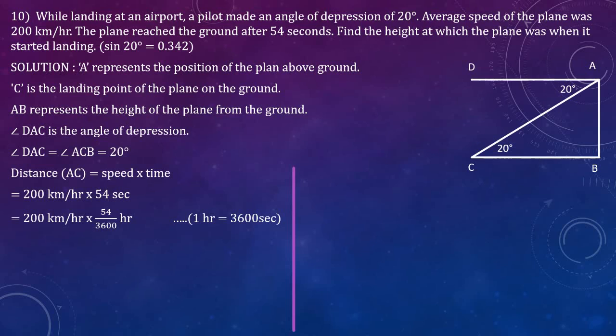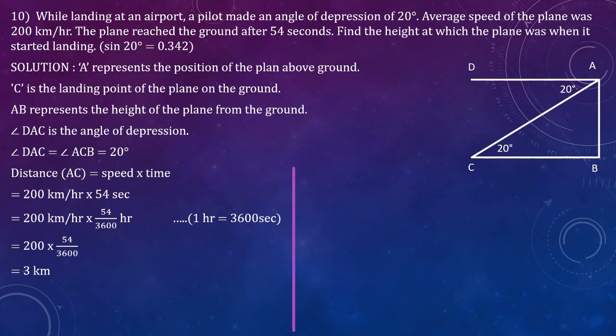So we get 200 km per hour into 54 upon 3600 hour, because we know that 1 hour is 3600 seconds. So 54 seconds will be 54 upon 3600 hour. Now let us multiply these two terms. After multiplying it, we get 3 kilometers.